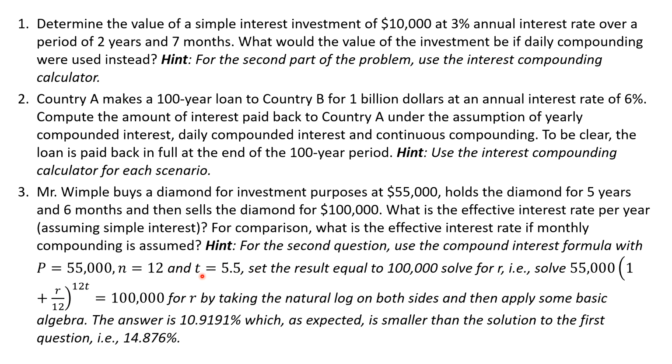So you have 5.5 plugged in for T, times 12. You know everything in this equation except for R. You take the natural log on both sides and then apply some algebra to isolate R. If you solve for R, you get approximately 10.9191%. So a smaller interest rate would be needed to attain the $100,000 in this investment in the case of monthly compounding.